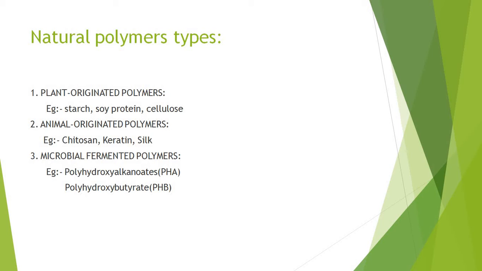Starch has a very important role in the production of antibiotics, vitamins, and penicillin. All these are produced by the usage of starch, which is characteristic of plant originated polymers. Starch is also used in textile industries.